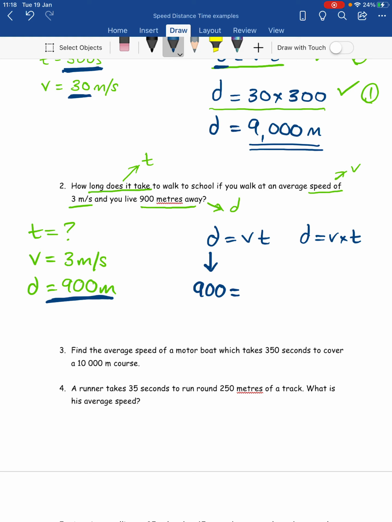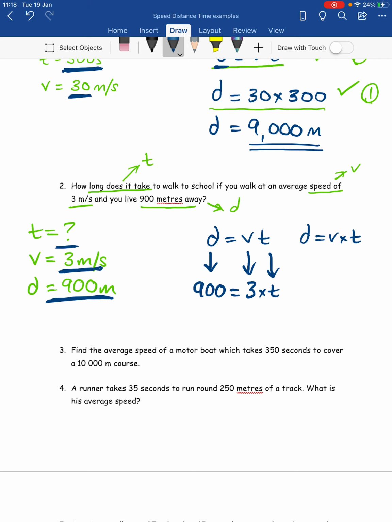After that, I've got a number for V, which is 3 this time. So instead of writing V, I put down 3 in its place. And time is the one that's missing, so that has to stay as the letter T. And then the multiplication sign goes in between those two because they are side by side.